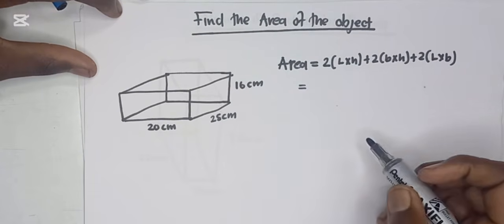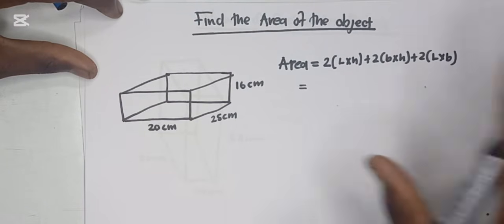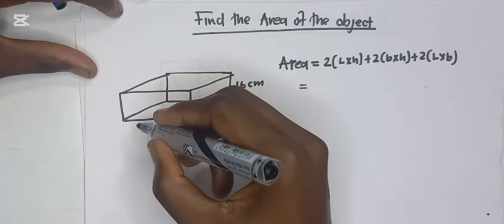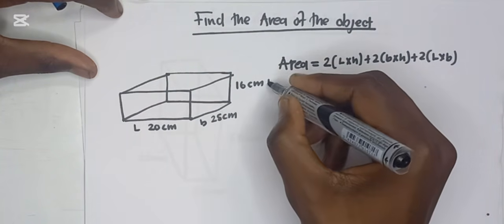So what will be our length here? Another thing I want you to pay attention to is that you can use any letter you want, as long as they are different. So this one we're going to treat as length, this one as breadth, and this one as height.